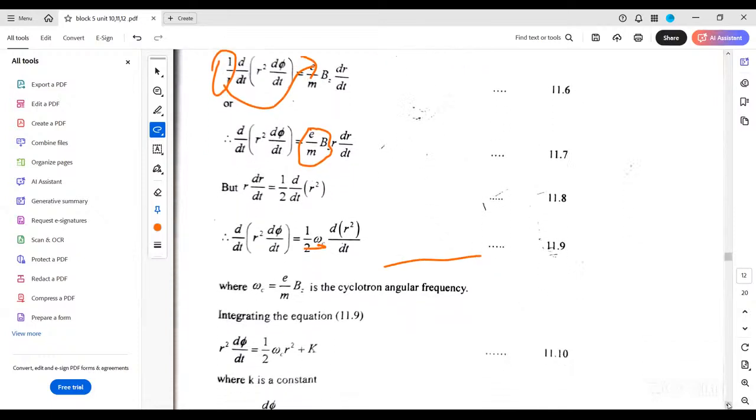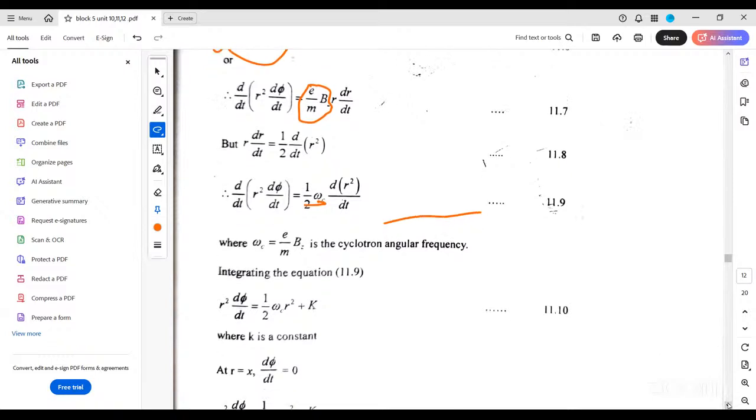Now we have to integrate 11.9. After integration, we neglect the differentiation terms.